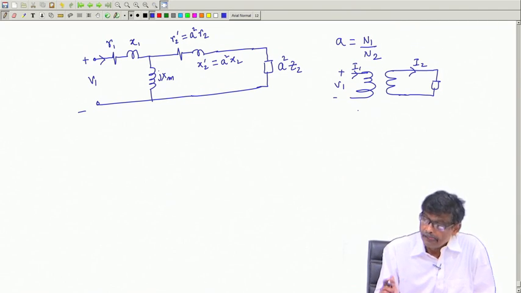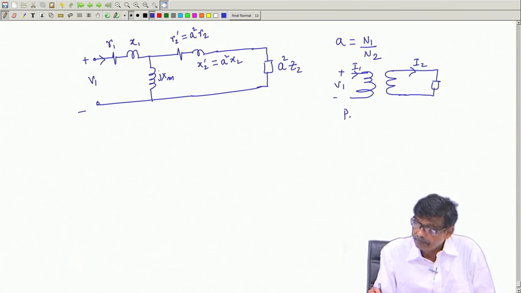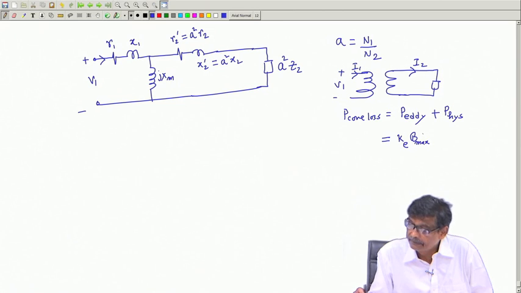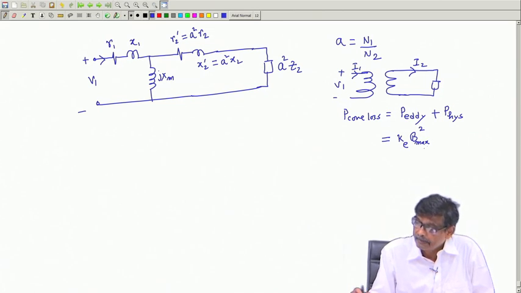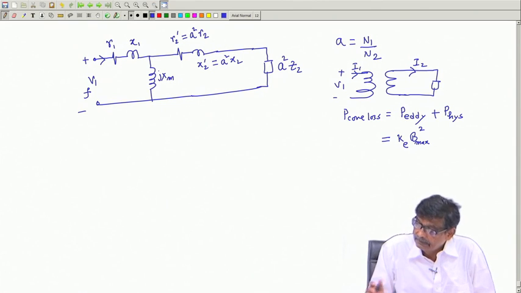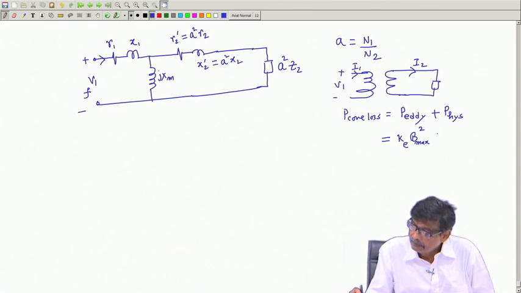Now, core loss is equal to P eddy plus P hysteresis, and P eddy loss will be proportional to some constant K_E into B max square, F being constant, or F square, I will write, plus some constant into the area of the loop.